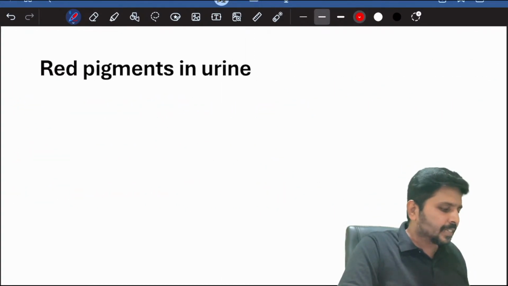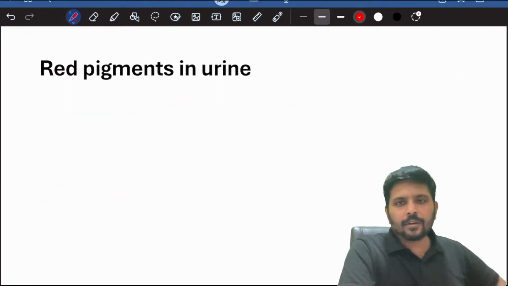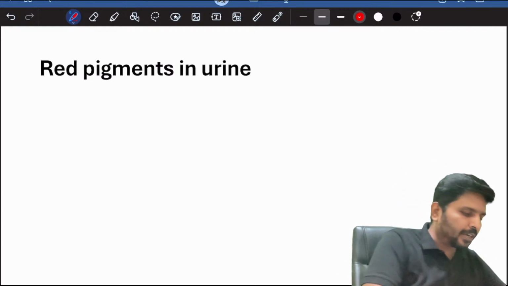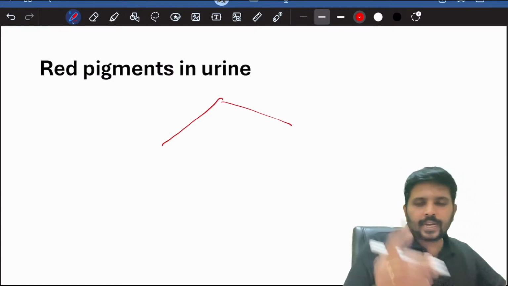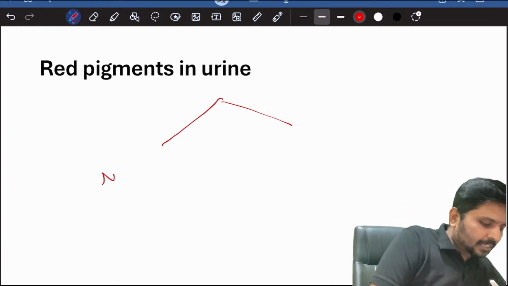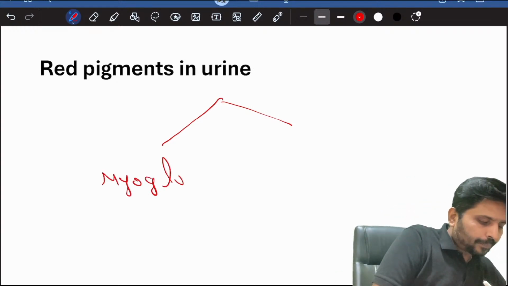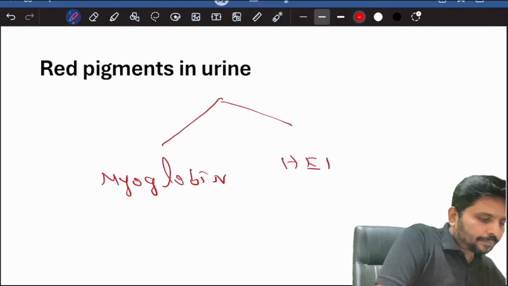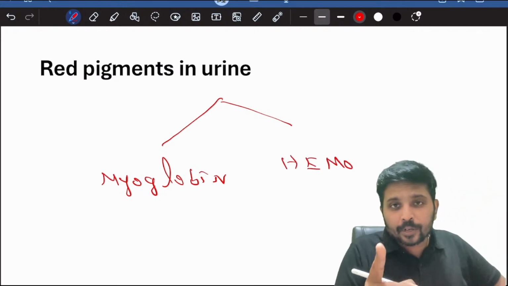The second thing is red pigments in urine. What are all the red pigments in urine? Very simple. There are only two pigments that can impart red color to urine. One is myoglobin and another is hemoglobin. I am not talking about RBCs.